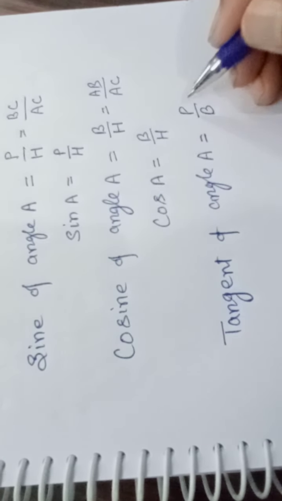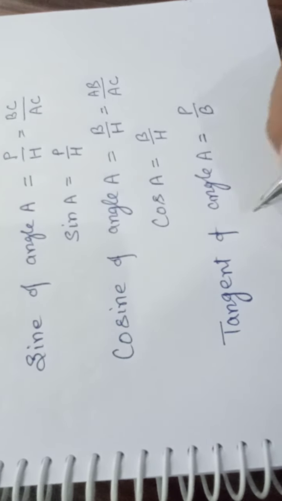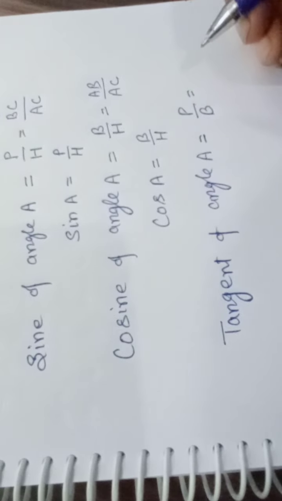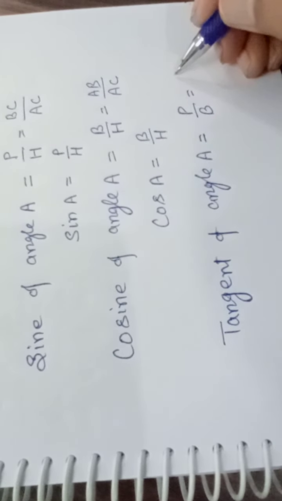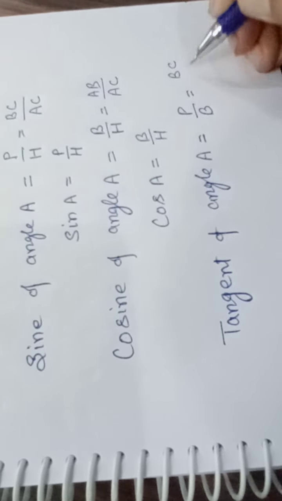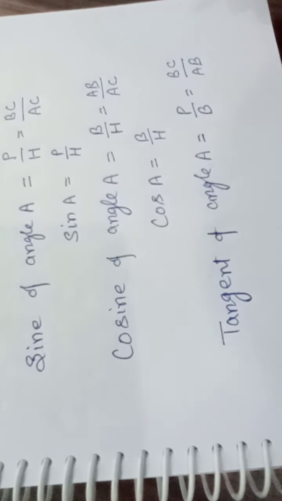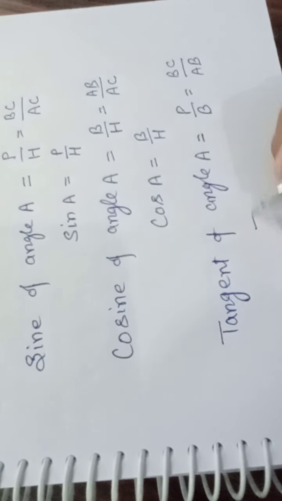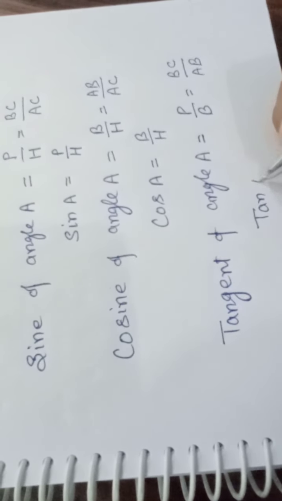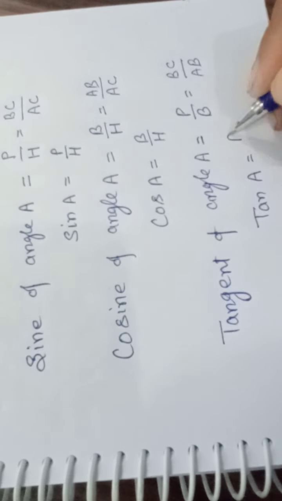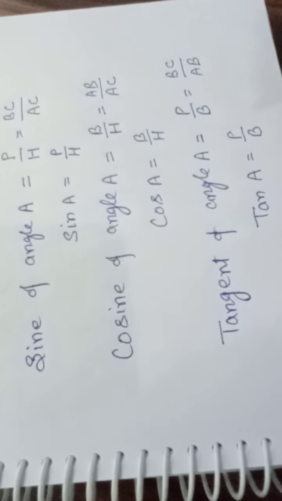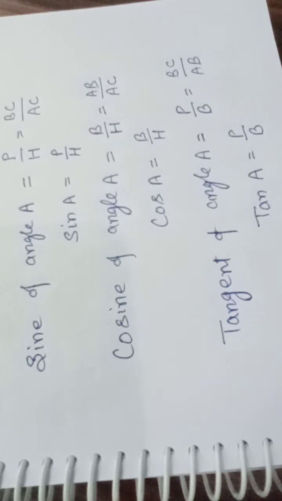The ratio of perpendicular to base is called tangent of angle A, and according to our figure, it is BC by AB. BC by AB. And in short, tangent का short acronym क्या है? tan. Tan A is P by B. So these are 3 fundamental trigonometric ratios.